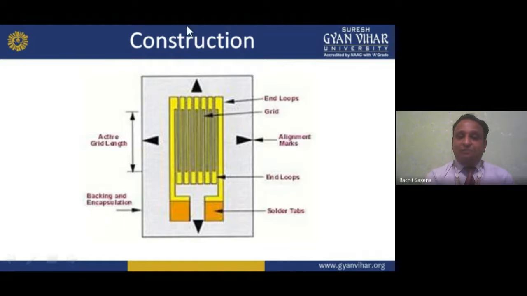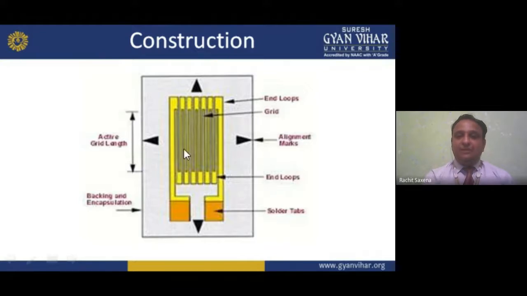Backing and encapsulation. Backing means covering the back piece. For example, we have a piece and we mount on it, so this behaves like a backing. Then putting it into the encapsulation. So we have the alignment marks here, solder tabs here, and end loops.